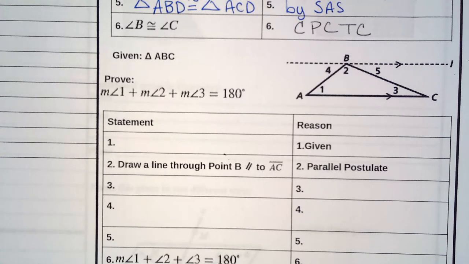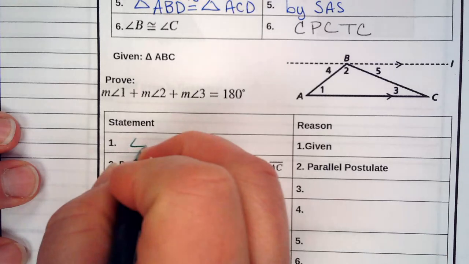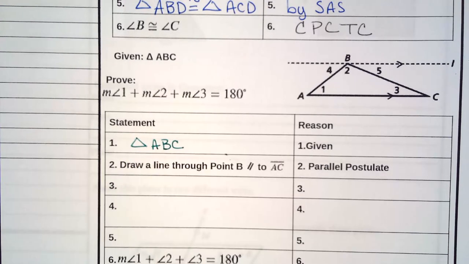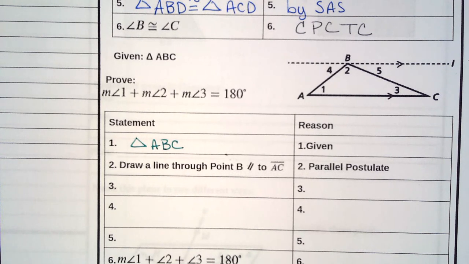We're given triangle ABC. And what do we do next? We draw that auxiliary line. We draw a line through point B parallel to segment AC.